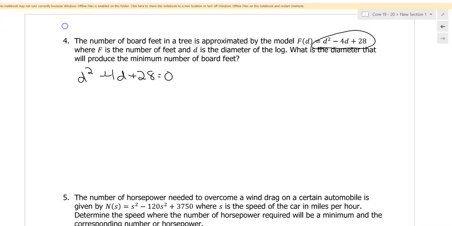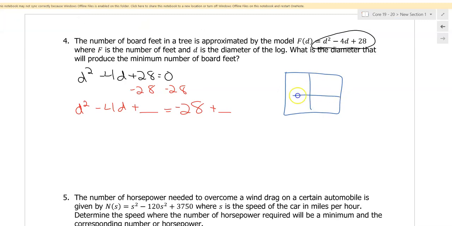We'll start with moving this 28 to the other side. And then adding in our blanks. So we have d squared minus 4d plus blank, plus blank.